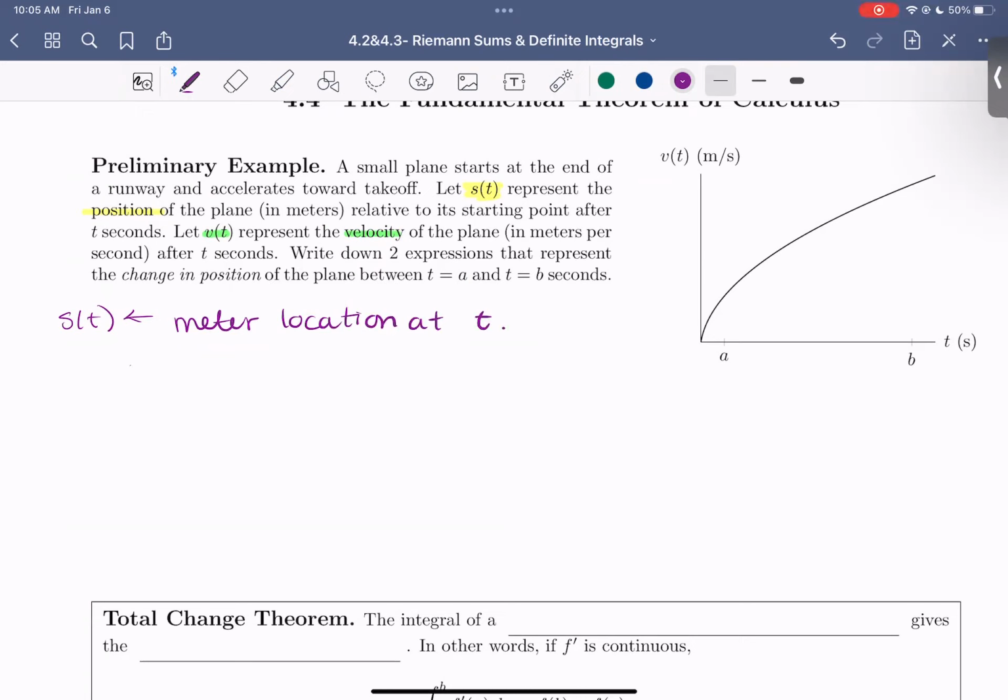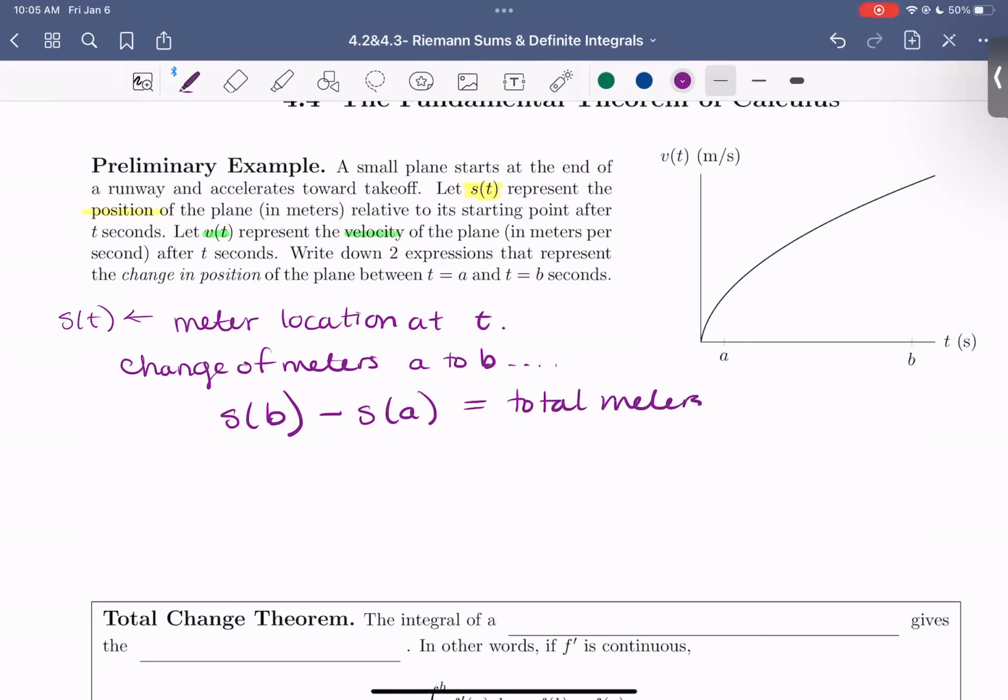So if we want to know the change of meters that we've traveled from A to B, then if we calculate our meters at B, S of B, subtract however many meters we were at A, S of A, we're going to compute the total meters traveled from time A to B.